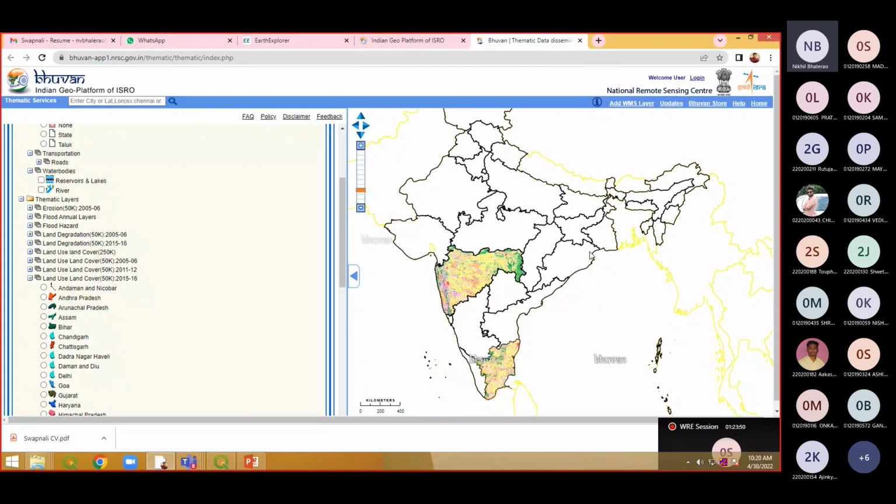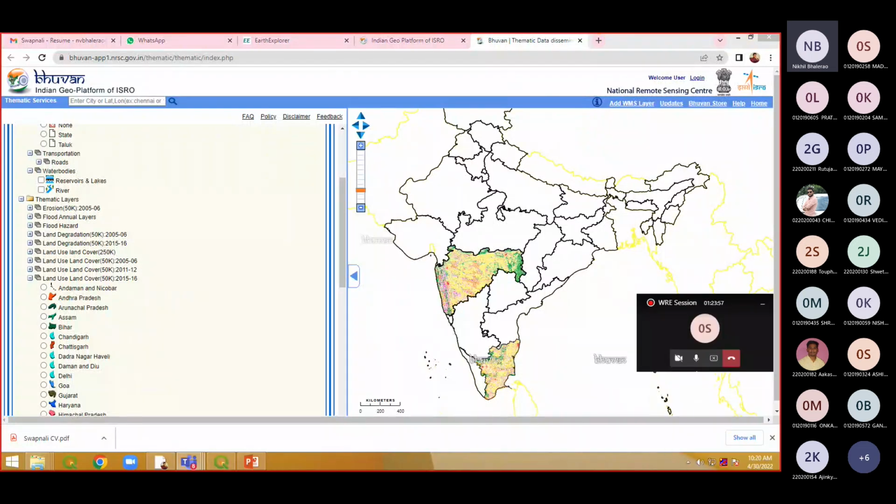Along with that, there are so many sources, we cannot compile them in a very short span. The next thing is that now we are going to have a demonstration of watershed delineation using this remotely sensed data. For that purpose, we are going to use the digital elevation map, DEM, and we are going to demonstrate watershed delineation for the Koina reservoir.